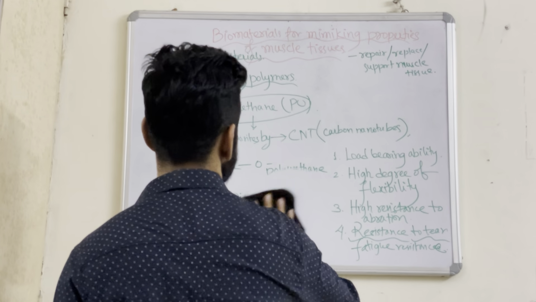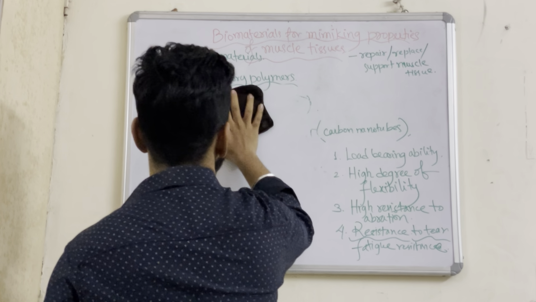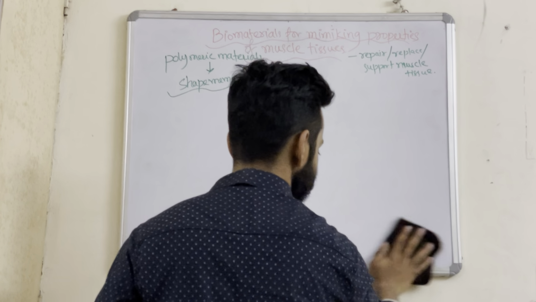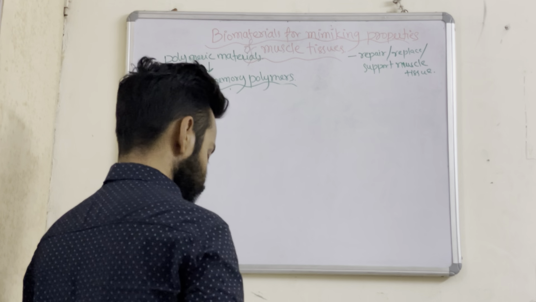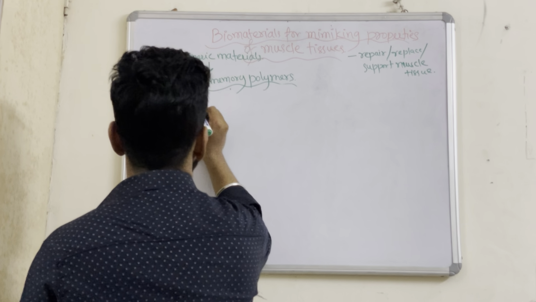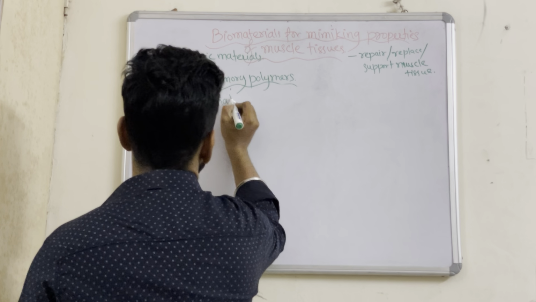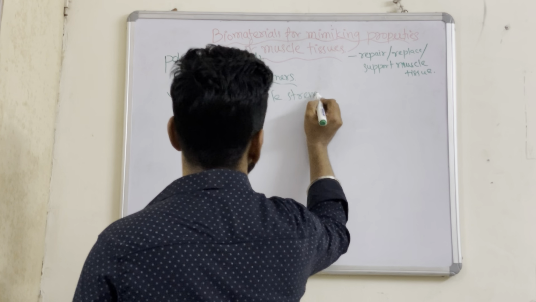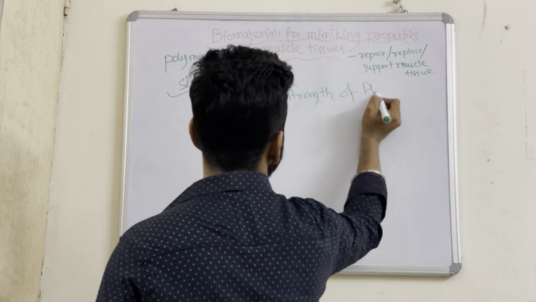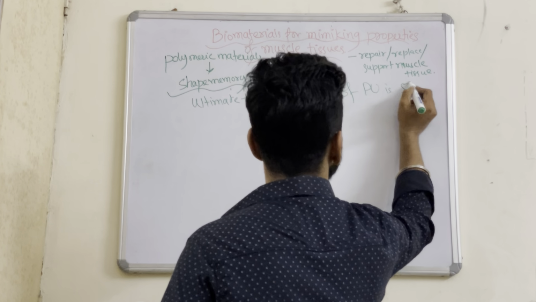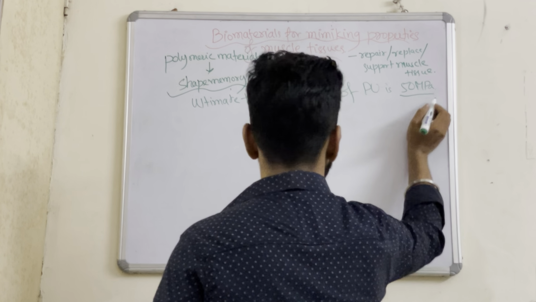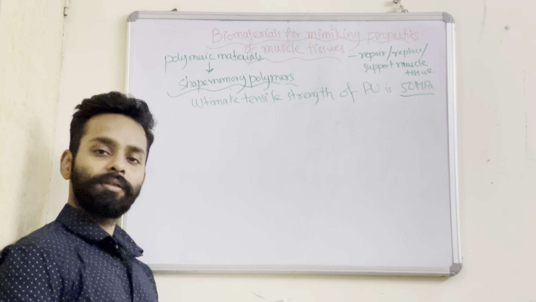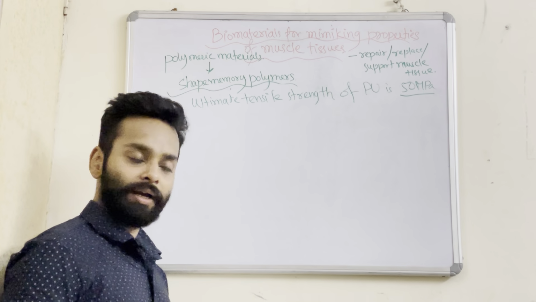If we look at this property, the ultimate tensile strength of polyurethane is about 50 megapascals, which can be tuned by creating a composite with carbon nanotubes, bringing it near that of muscle tissues.